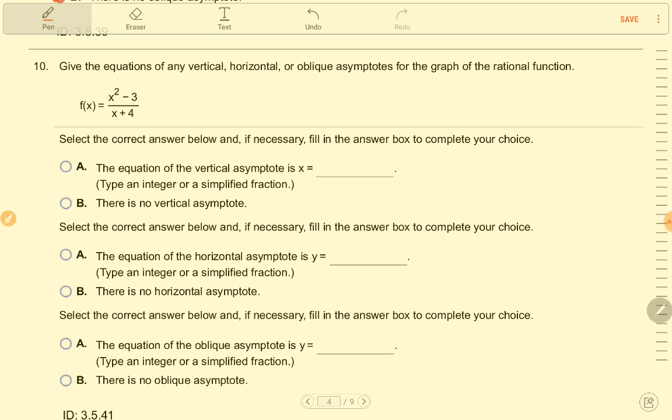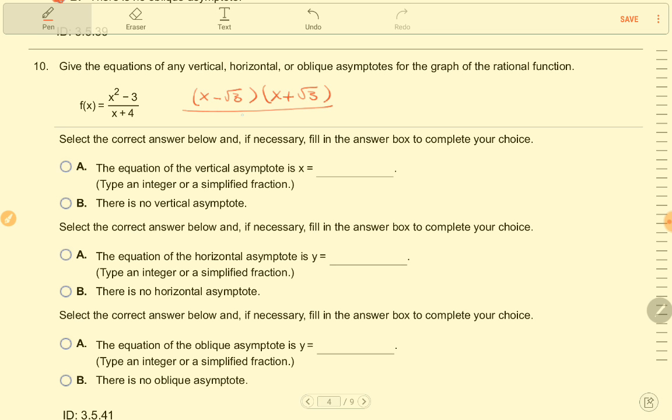Number 10, give the equations of any vertical, horizontal, or oblique asymptotes. So once again, can anything be factored here? Not really. If I were to factor the top, I could factor it to x minus the square root of 3 and x plus the square root of 3 because it's the difference of squares.